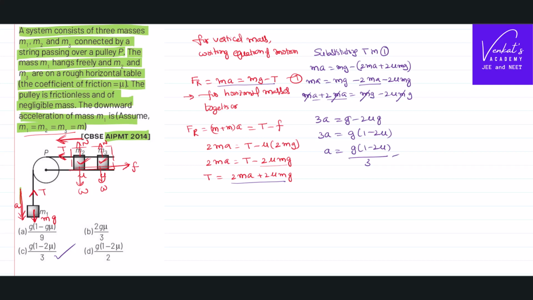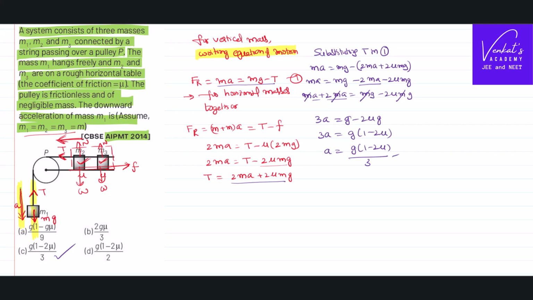So while we are solving the problem, we have taken some basic aspects into consideration. Let me tell you what they are. First thing, how do you write the equation of motion? Whenever you are writing an equation of motion, you shall consider in which direction the body is moving. Consider the force along the direction of motion as positive.